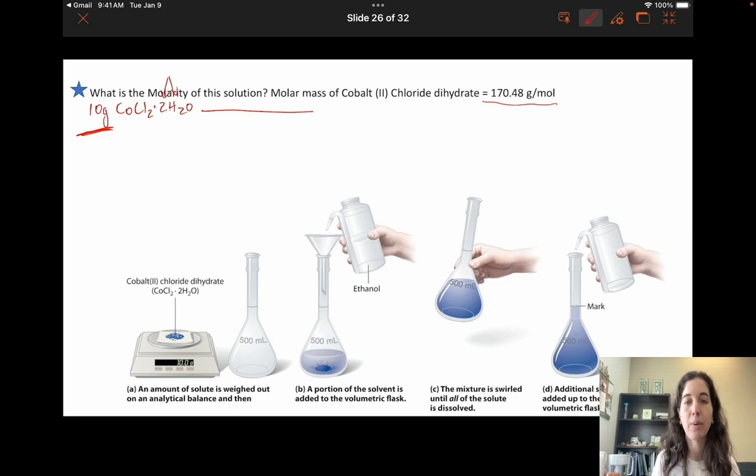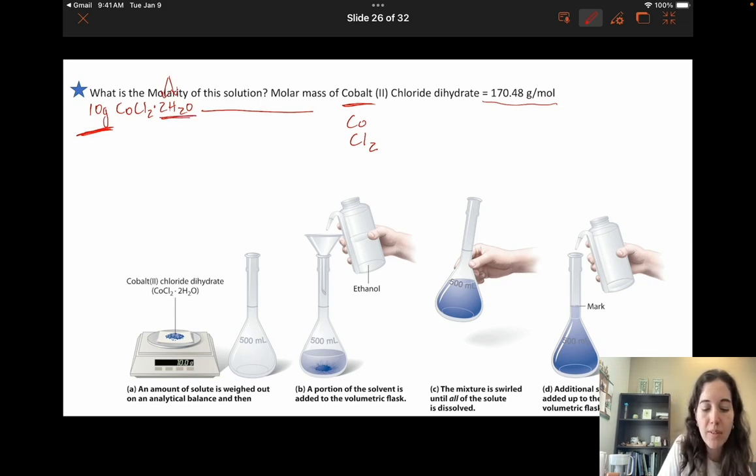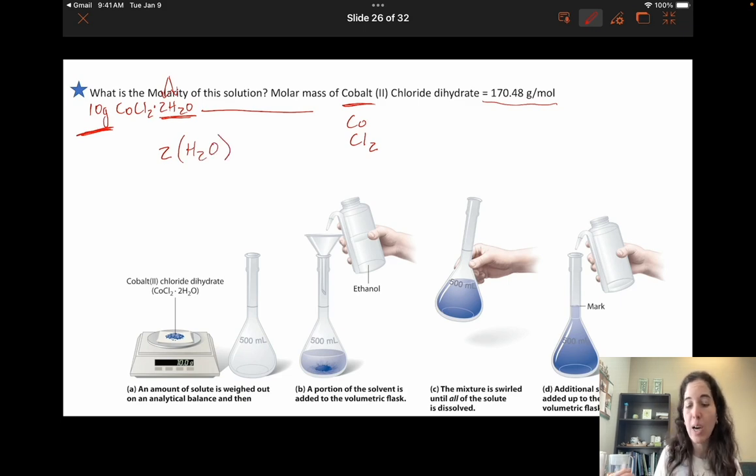It's very important that when you're calculating these masses, you're adding them up properly. So for cobalt, you need to go to the periodic table. We have 1 cobalt. We have 2 chlorines because of the Cl2. We have a dihydrate, so we have 2 of these waters. So we have 2, you can assume this is in parentheses, H2O. That means we've got 2 hydrogens, and we have 2 of those molecules, right?